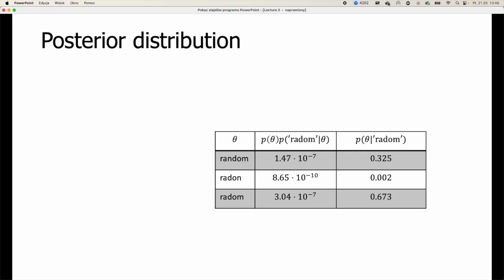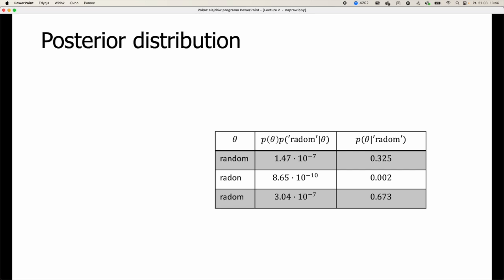So the relatively high prior of random is multiplied by a relatively low probability of making such a mistake. With radon, a mediocre prevalence of the word in the language was joined with a small probability of introducing the mistake.